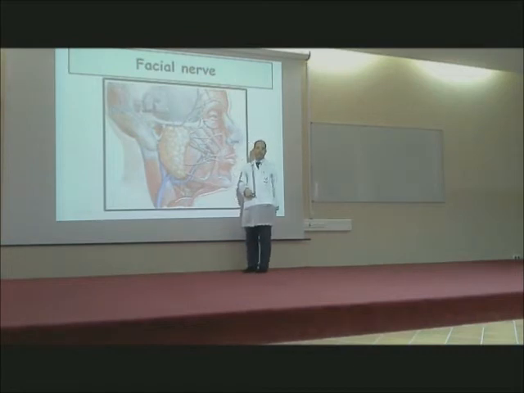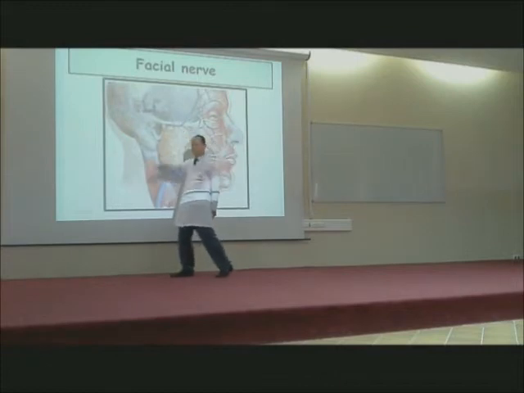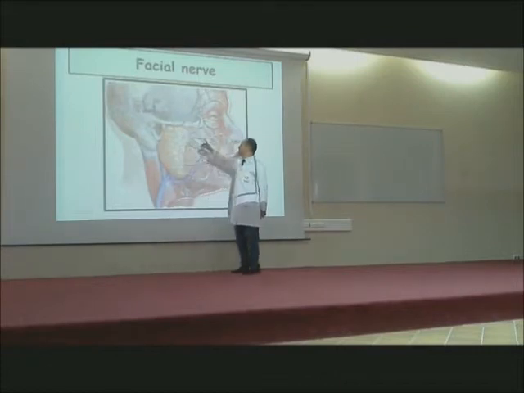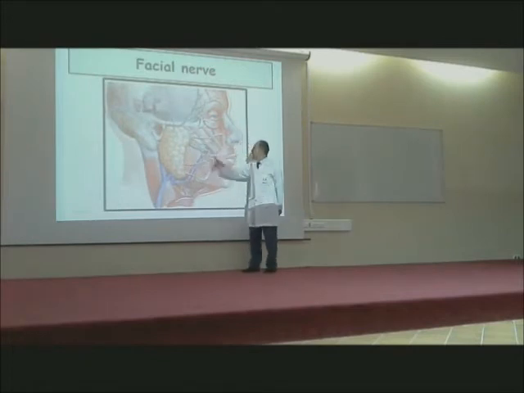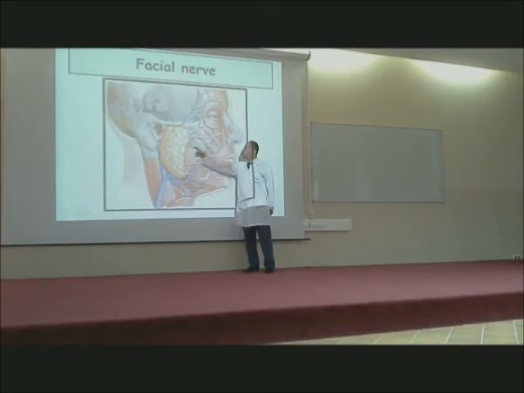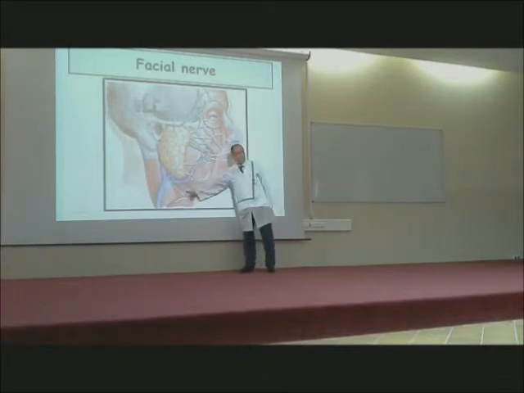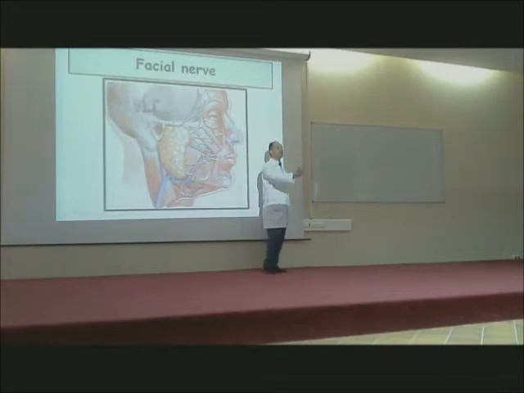In sequence, we always represent them with 5 fingers coming out of the parotid gland. In sequence, we have the temporal branch, zygomatic branch, upper and lower buccal branches in relation to the parotid duct, and then we have the mandibular branch. Lastly, we have the cervical branch which runs to supply the platysma.